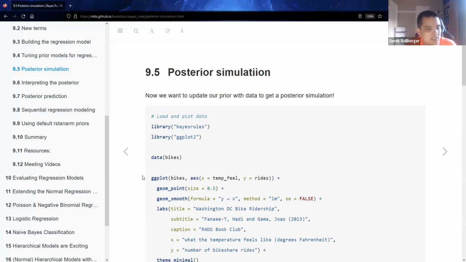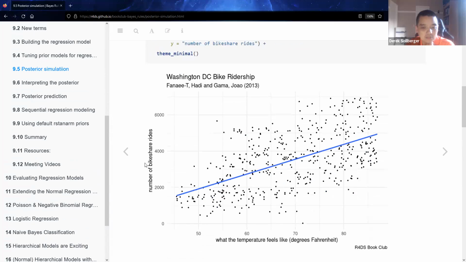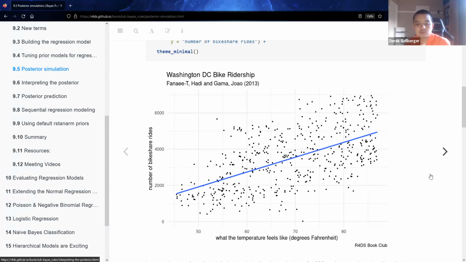Okay, so let's see what we have so far. As usual, we want to update our prior. And thank you for the comment in the chat. One thing I probably should have done earlier is visualize the data. So that's what we're doing here now. On the horizontal, we have what the temperature feels like in degrees Fahrenheit.